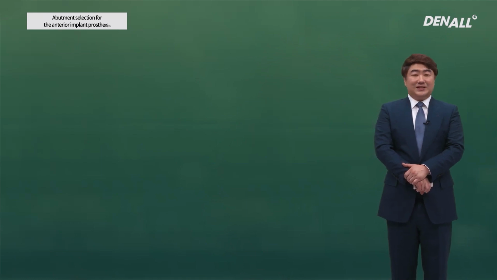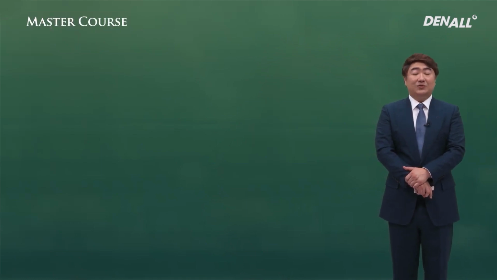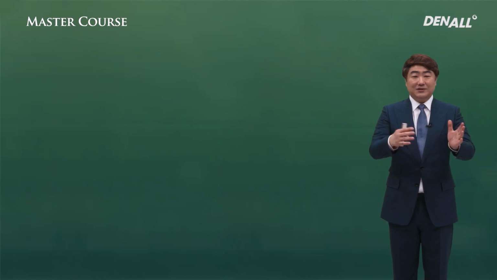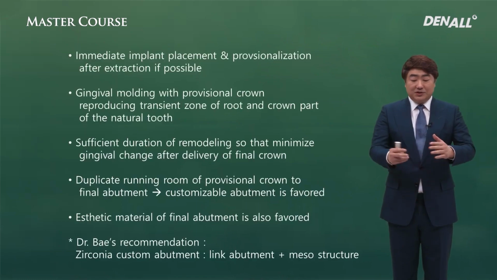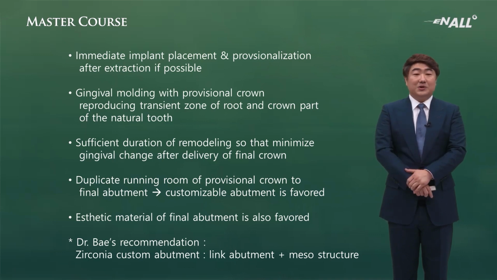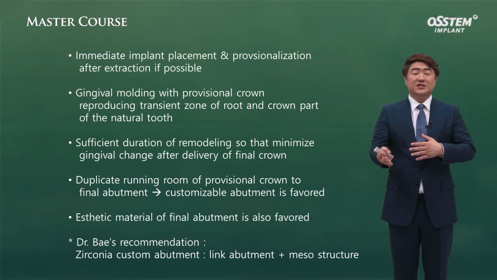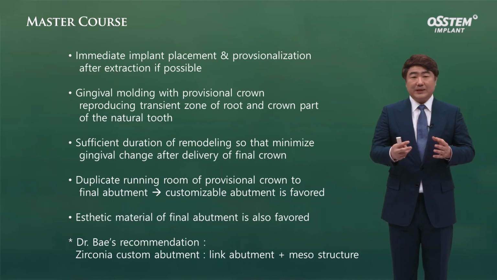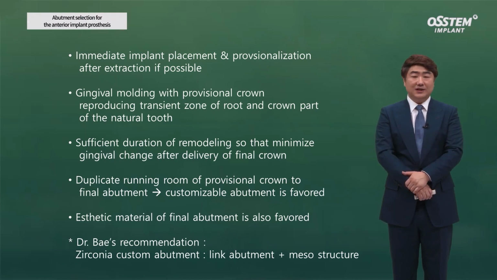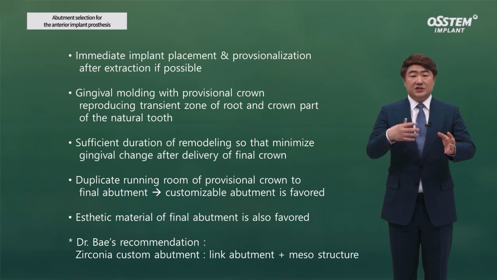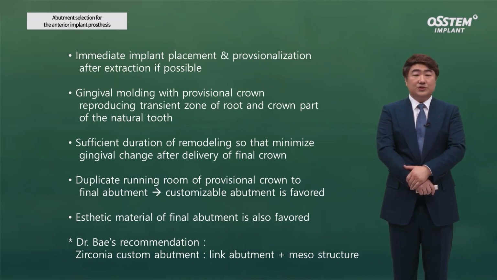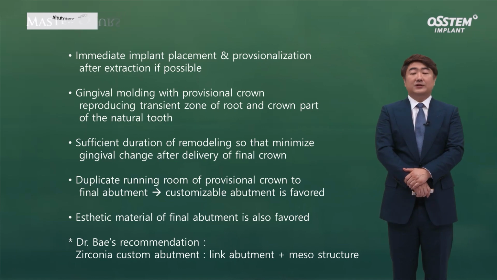So, summary. From the last lecture to this lecture, I've consistently been saying that in the anterior aesthetic zone, if possible, immediate loading after extraction should be done. While the gingiva or extraction socket is preserved, gingiva molding and support should be done using a screw type temporary.